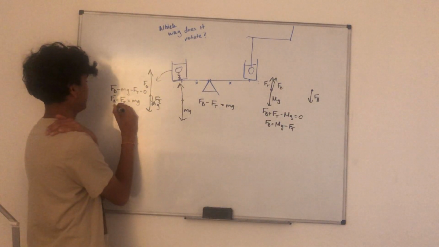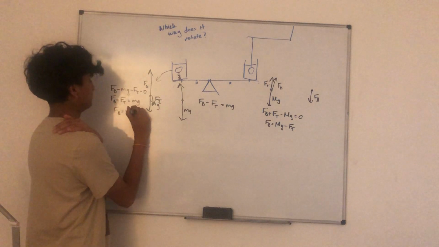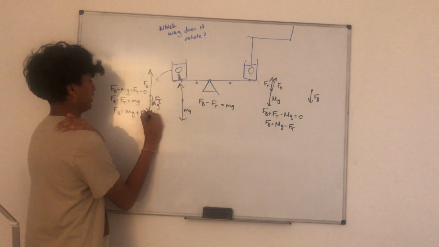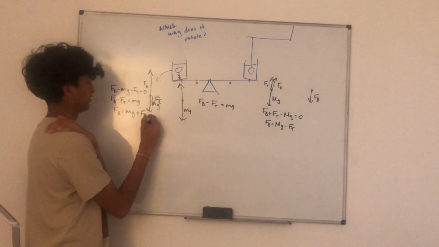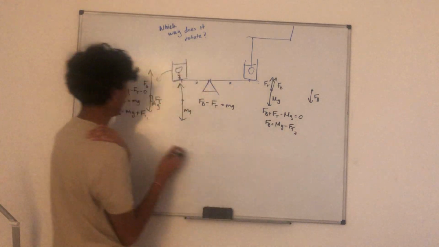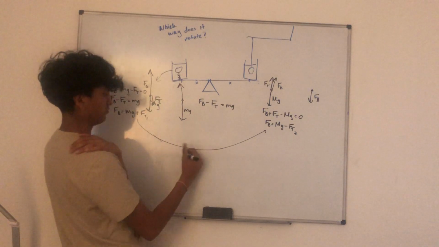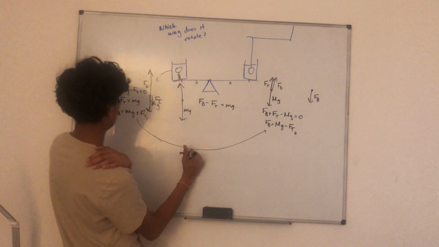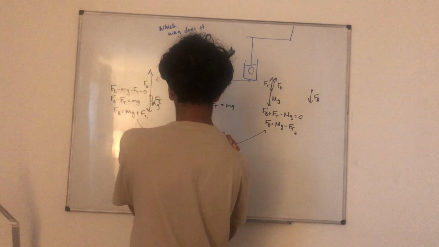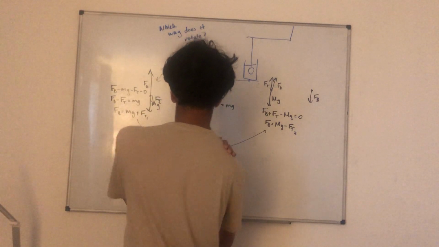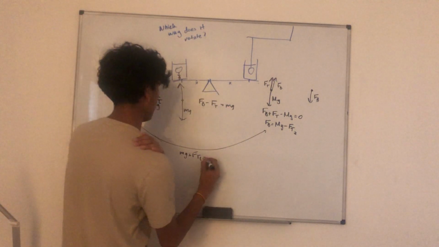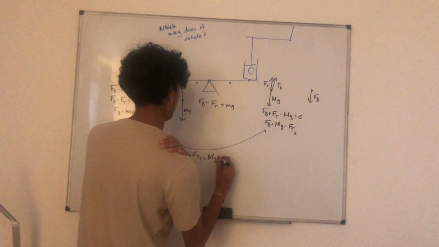I can say Fb is equal to mg plus Ft, and I'll make this T1, T2, and I can set these equal. And I can say mg plus Ft1 is equal to mg plus Ft2.